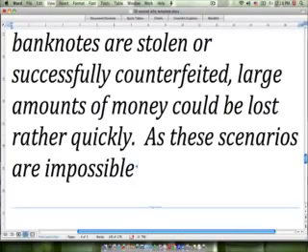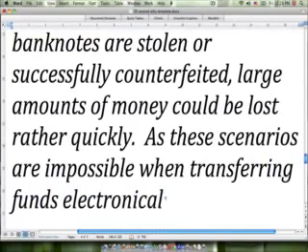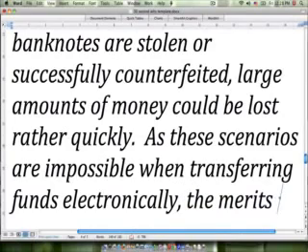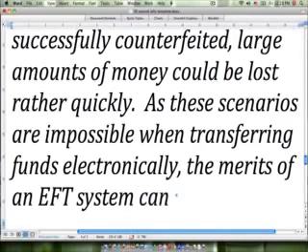So as these scenarios are impossible when transferring money, transferring funds electronically, then let's link back to our thesis, the merits of, and I think the essay question uses the acronym EFT, so we will use it here. EFT system can be seen.